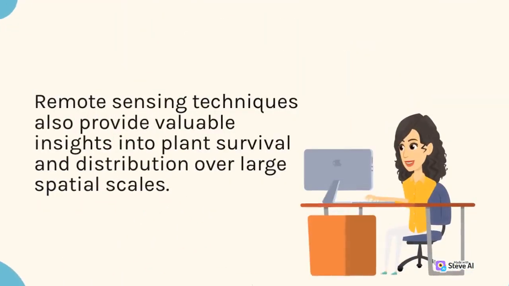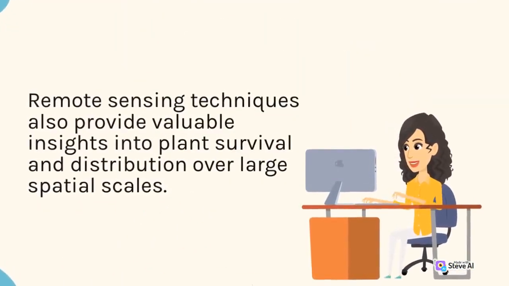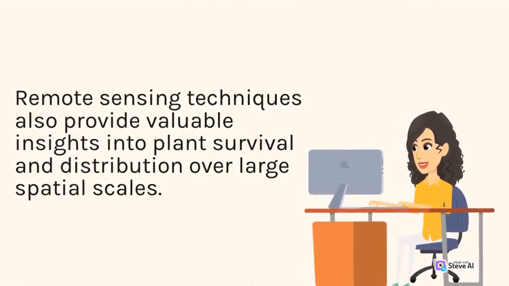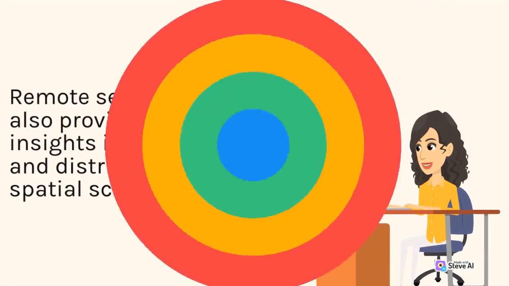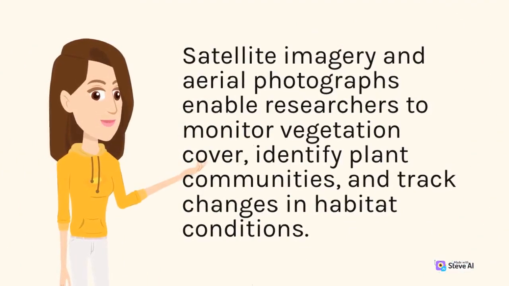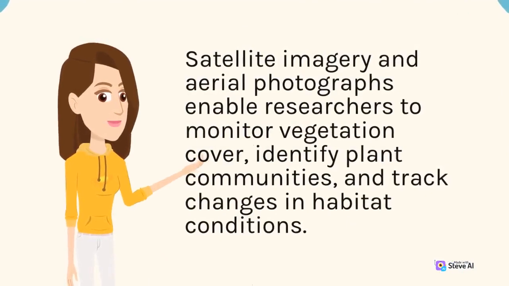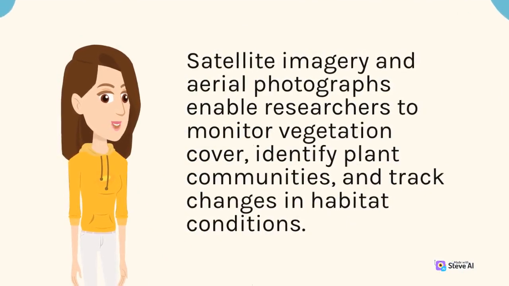Remote sensing techniques also provide valuable insights into plant survival and distribution over large spatial scales. Satellite imagery and aerial photographs enable researchers to monitor vegetation cover, identify plant communities, and track changes in habitat conditions.